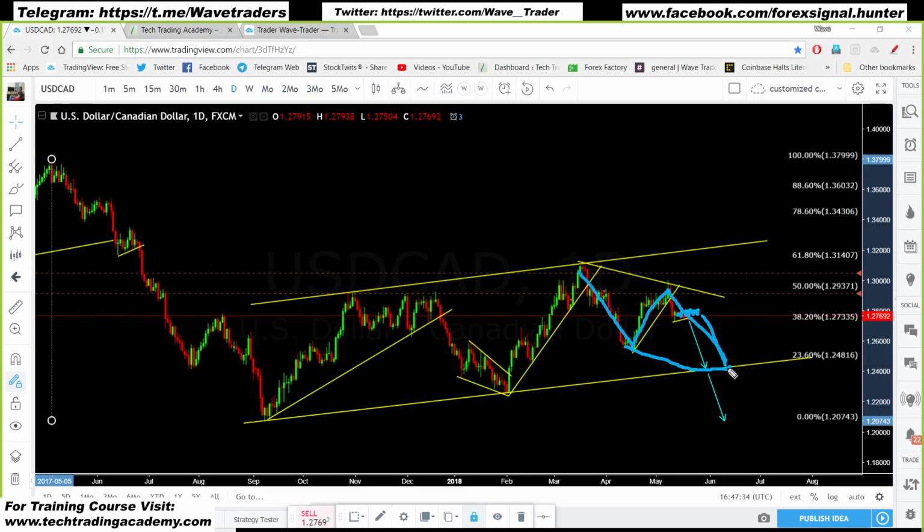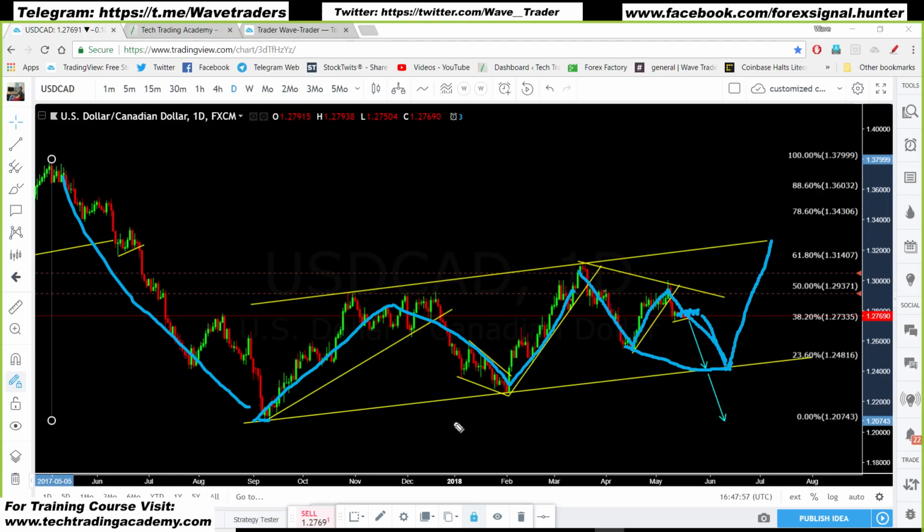Here we're gonna decide either price is going to break down this pattern for this impulse, for more downside, or we are having another bullish wave within that pattern.